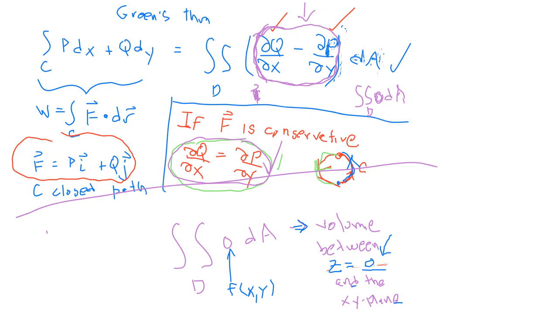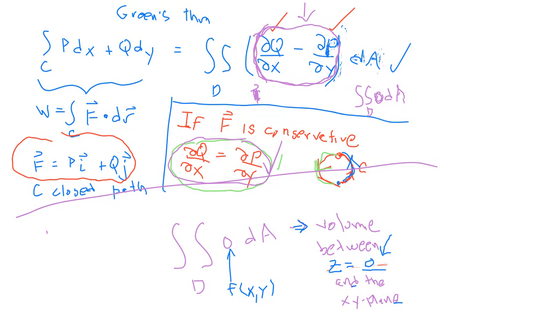Well, what is z equals 0 in three-dimensional space? That is the xy plane. So what's the volume between the xy plane and itself? The volume is going to equal 0. That's right, Ian.